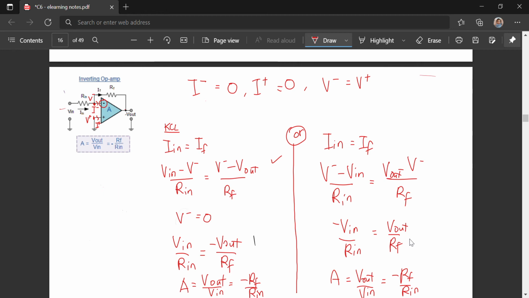For example, if for I in you take V in minus V minus divided by R in, and then for I F you take V out minus V minus divided by R F, this one is not the same, so you will get a different answer. So be careful with how you read the voltage for the resistor.